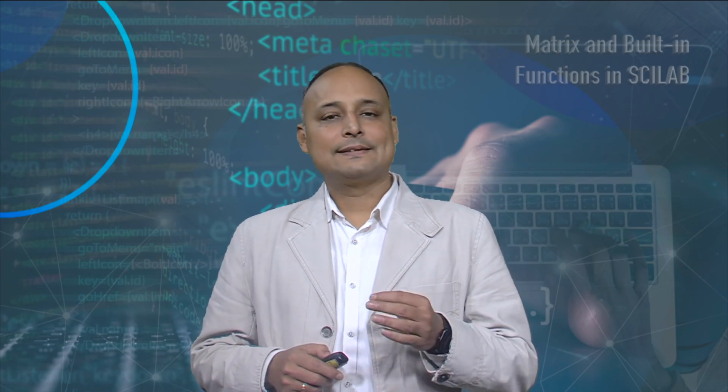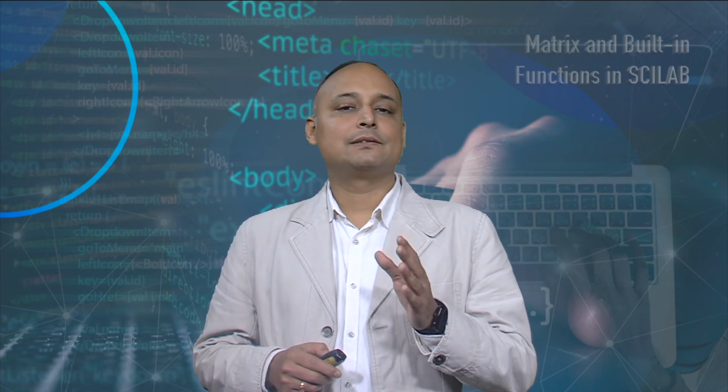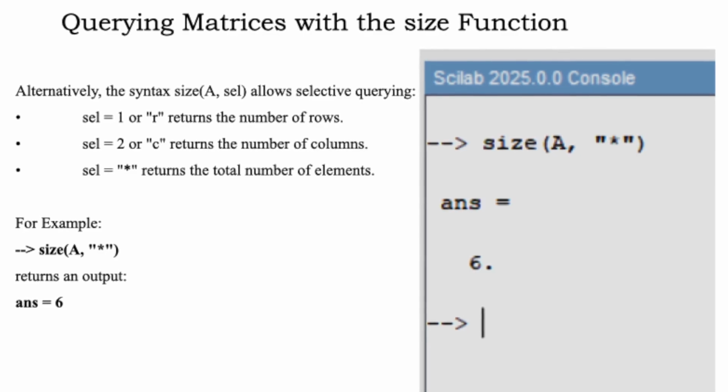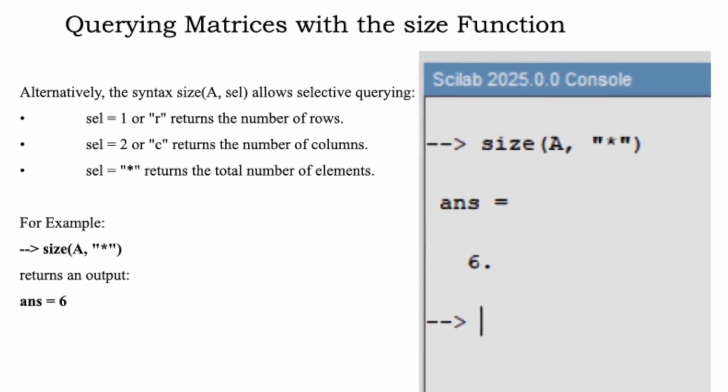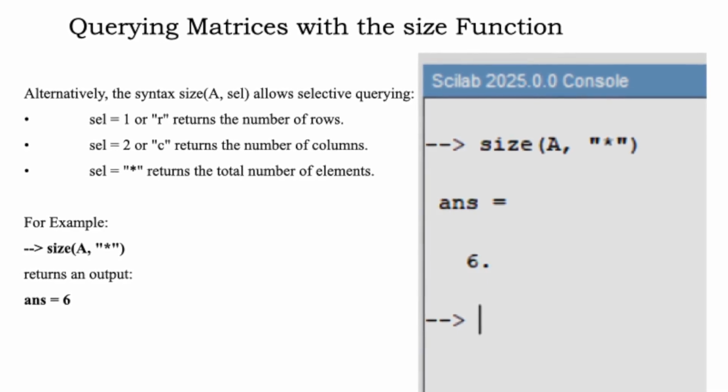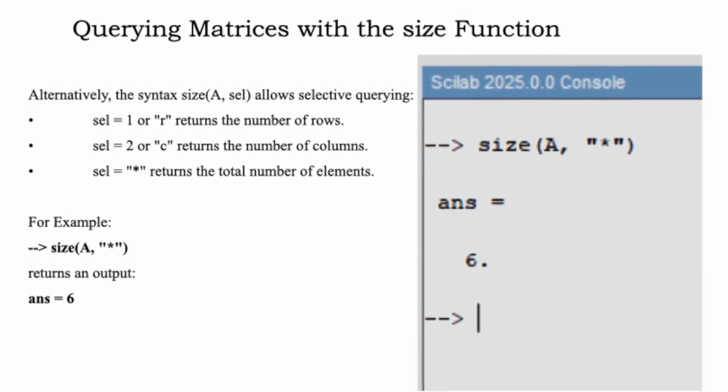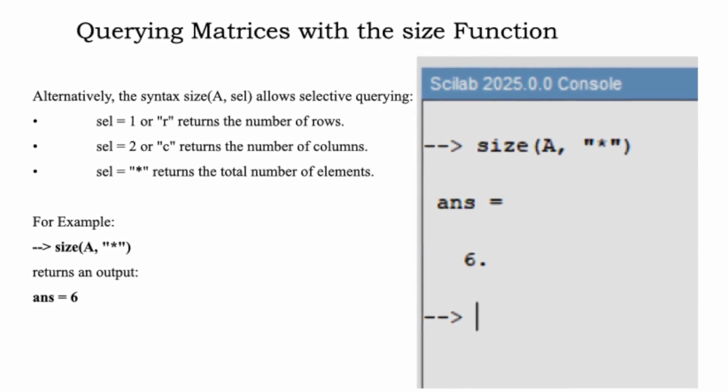Alternatively, the syntax size(A, SEL) allows selective querying. SEL = 1 or "r" returns the number of rows.